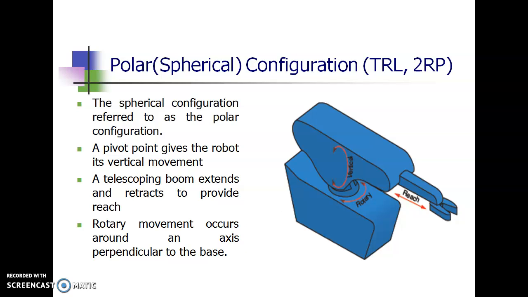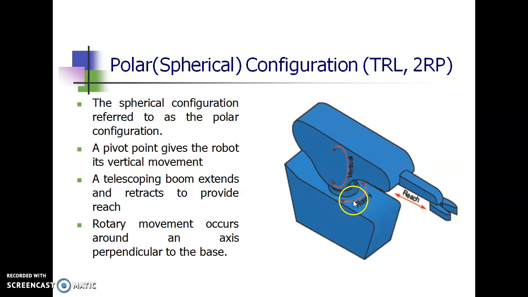The third one, the polar or spherical configuration. Here we have a pivot point at which the robot has its vertical movement, and a telescopic boom which extends and retracts, and at the bottom there is a rotary movement around an axis perpendicular to the base.